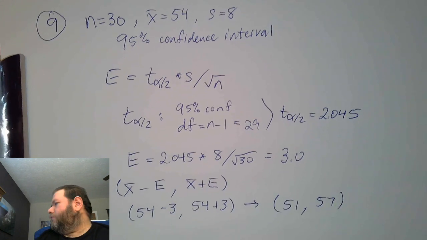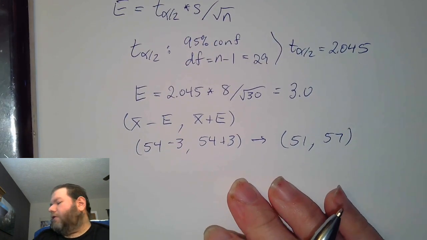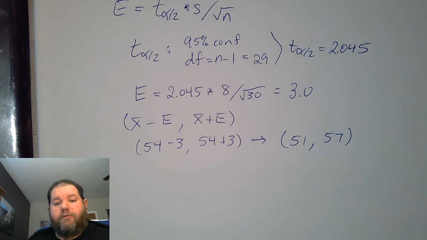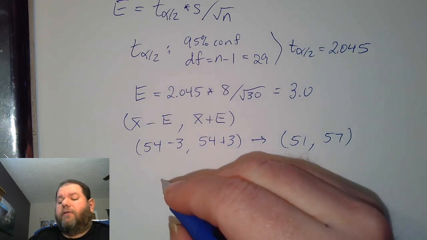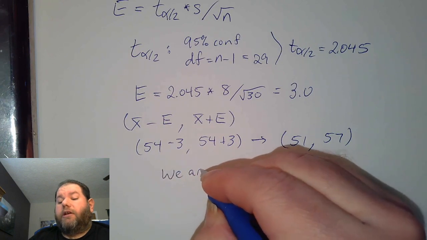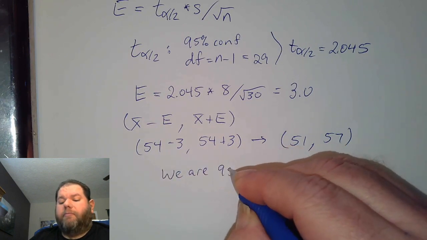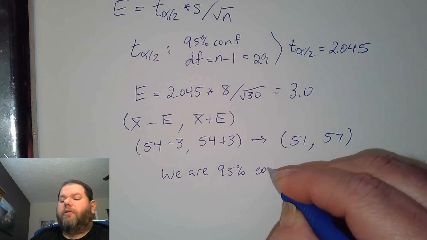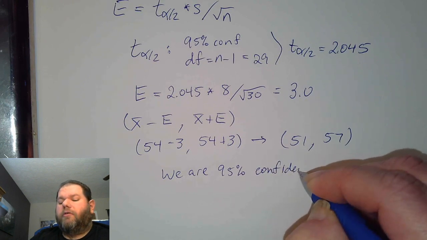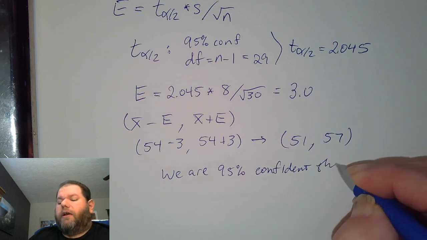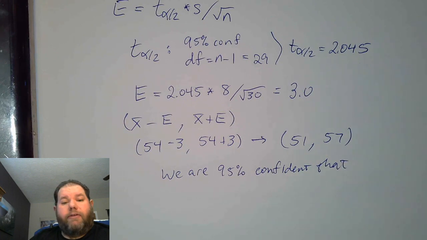So again, we want to describe what this tells us in a short sentence. So we are 95% confident this time that the mean length of aggravated assault convictions is between 51 and 57 months.